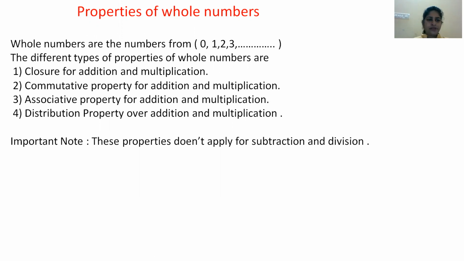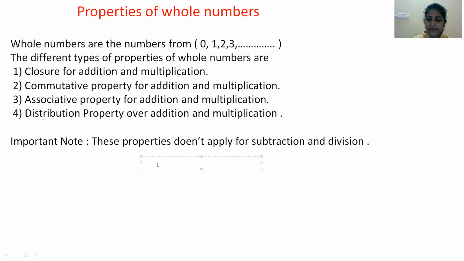Now we can observe here, there is an important note that these properties don't apply for subtraction and division. I can give you an example why it doesn't apply for subtraction and division.